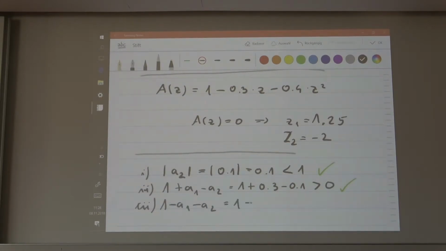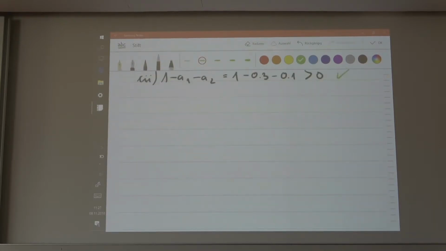Here you have 1 minus 0.3 minus 0.1, which is 0.6, also greater than 0. So this condition is also satisfied. The coefficients are in the stationarity triangle. So the process is also stationary. You can choose whether to apply the first or the second rule, it doesn't matter. The process is stationary in both cases.